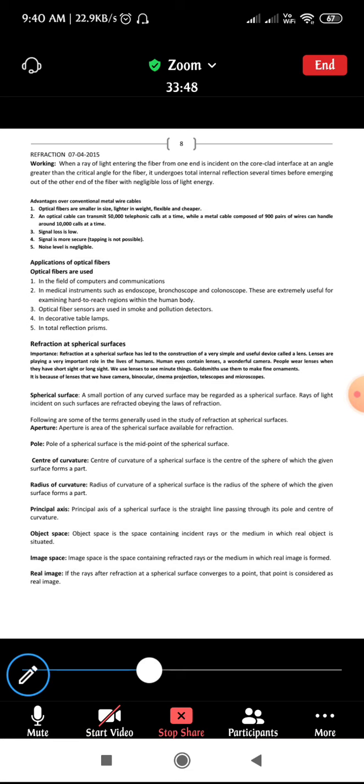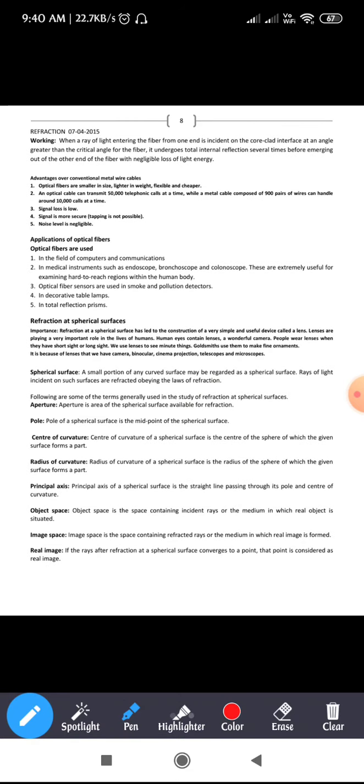Some of the advantages and the applications have been given. Advantages, you people go through. Coming to the applications, it is used in the field of computers and communication, in medical instruments like endoscope, bronchoscope, and colonoscope.